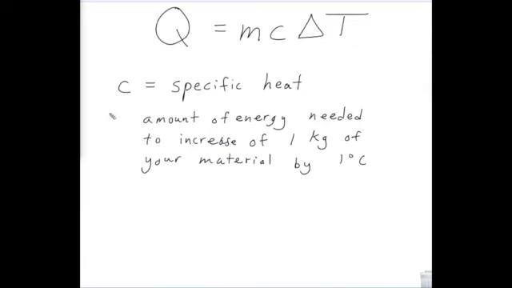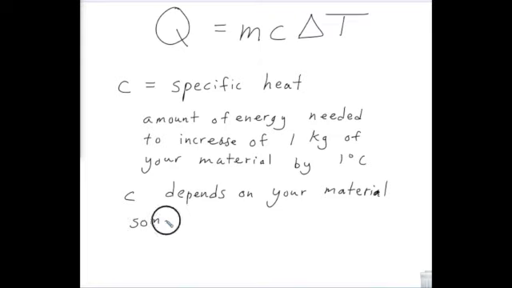The specific heat depends on what material you're using. So C depends on your material. And a lot of times the value can just be looked up. Sometimes we look up the value in a table.